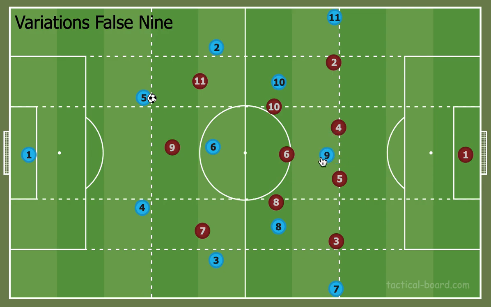So now when the false 9 drops in, usually there'll be some movement from our attacking midfielders to try and increase the space between lines for the false 9 to drop into, and usually it's not just vertically, but it can be, and for the diagram we'll just say that it is.